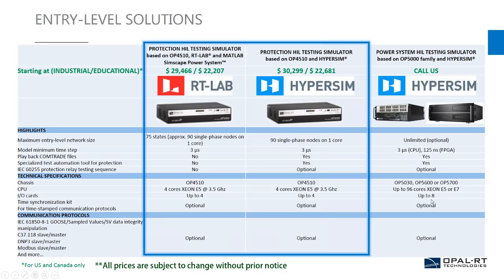So this is based on our OP5000 family. And this also enables the FPGA simulation that we've presented for the traveling wave testing, for instance. You can go at a time step down to the 125 nanosecond range.